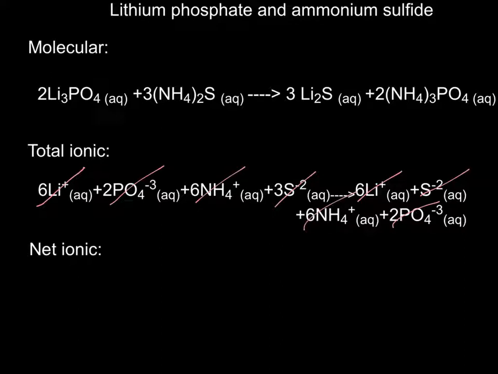So we have everything canceled out, and in this case, there is no reaction. So for the net ionic equation, we just put that there is no reaction, since everything canceled out.